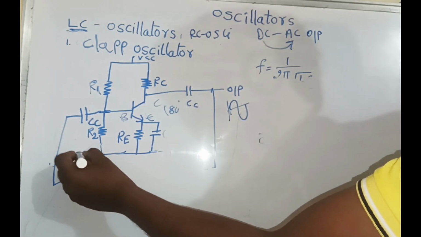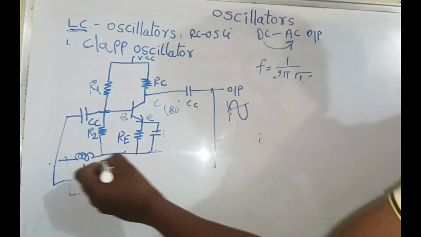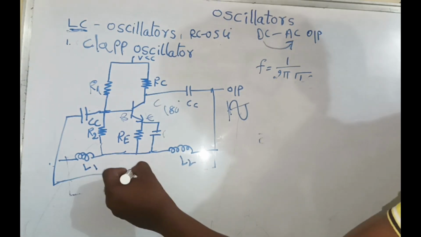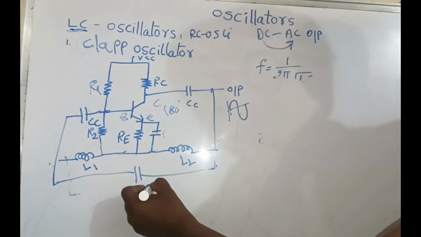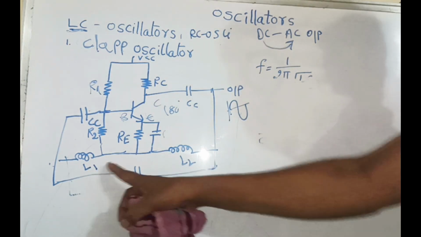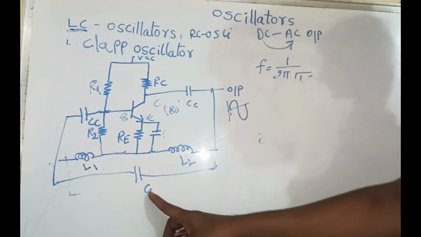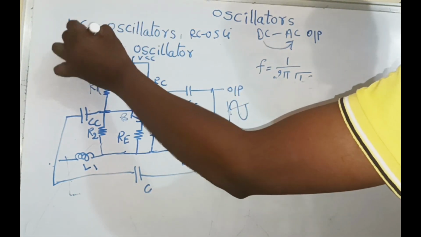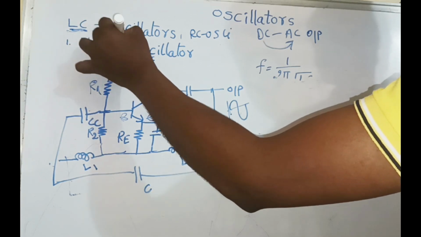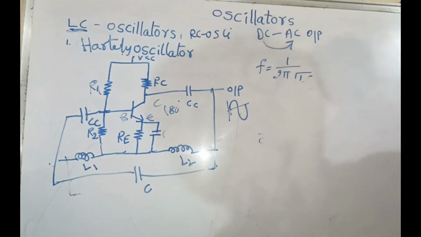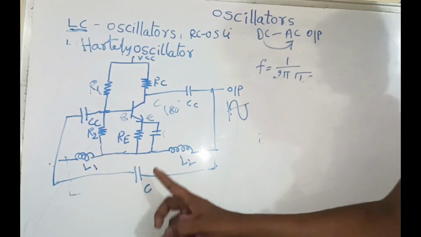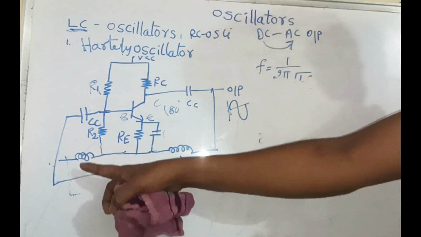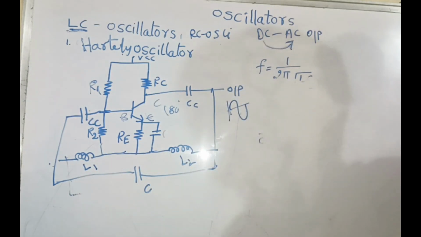In place of the two capacitances we use inductances L1 and L2, and in place of the inductance we use C. Then it is the Hartley oscillator, very important: two inductances in parallel with one capacitance. The same CE configuration provides 180 degrees, and this feedback network provides 180 degrees. Total phase shift is 360 degrees.